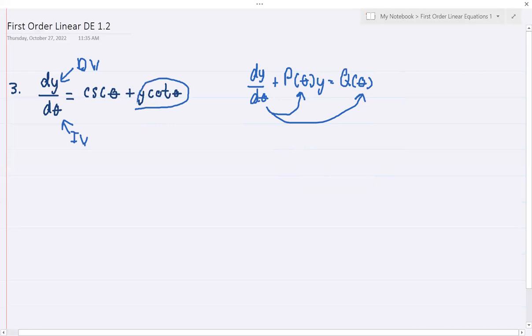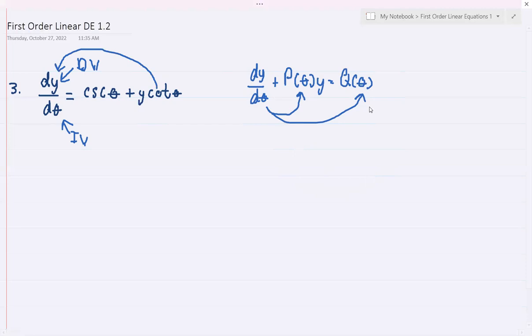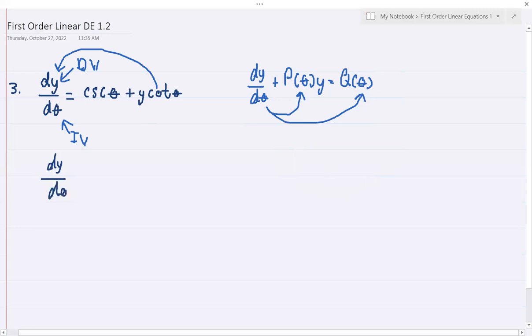It's this one, right? So that is your P. And we need to regroup this one to your dy all over d theta. So we will put it here. So we will have dy all over d theta minus y times cotangent of theta is equal to your cosecant of theta.